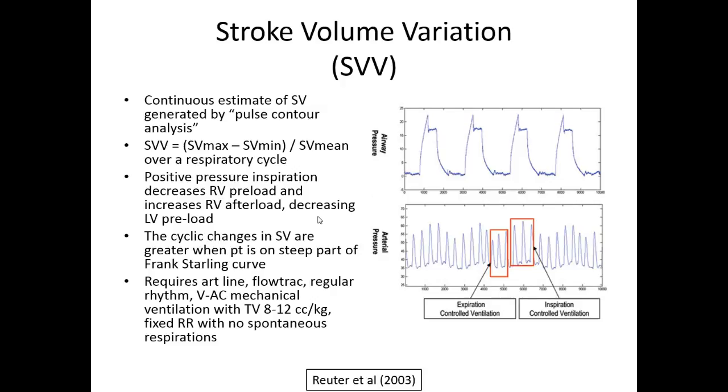So stroke volume variation, I kind of alluded to earlier. Instead of just looking at the person's pulse pressure or their blood pressure during temporary changes in preload, the Vigileo looks at the entire pulse contour and calculates the area under that curve, which is the integral of that curve, the blood flow.